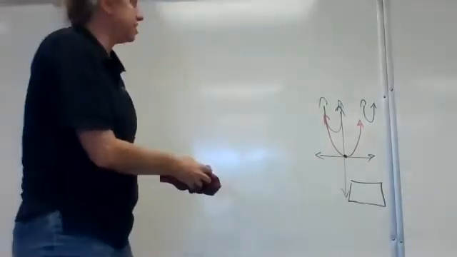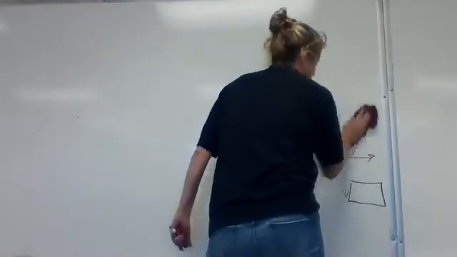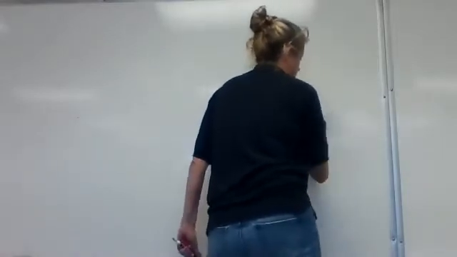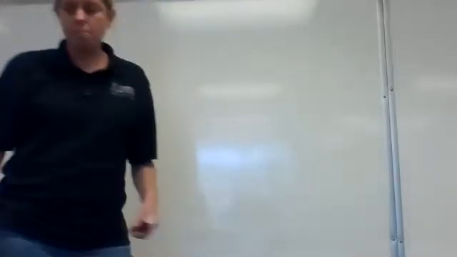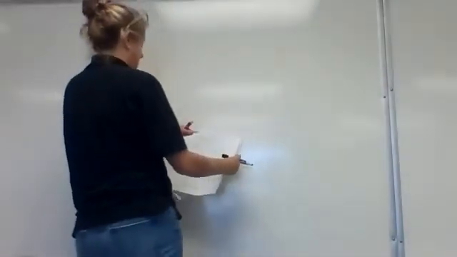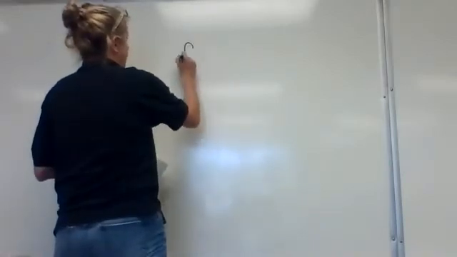All right, number 3 is another shifting problem. It's the square root shape, but they all follow the same shifting rules. This one's f of x equals the square root of x minus 10.